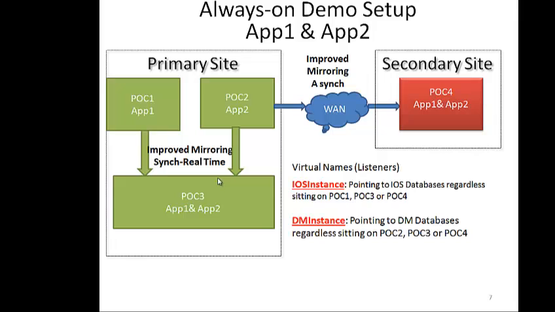You can, however, fail over manually from POC2 to POC4 if you want. But if POC2 and POC3 go down, then you can manually fail over to POC4 in case of a site disaster.